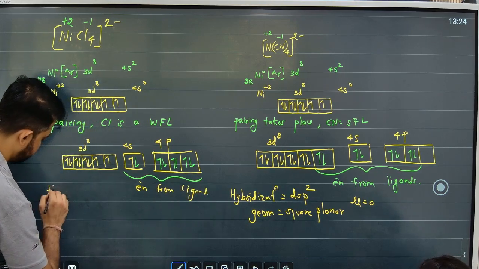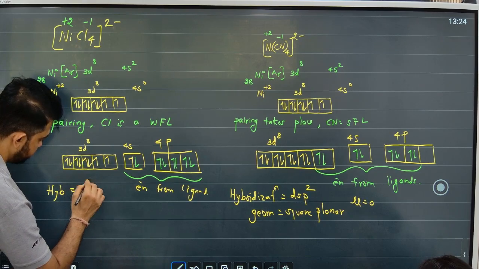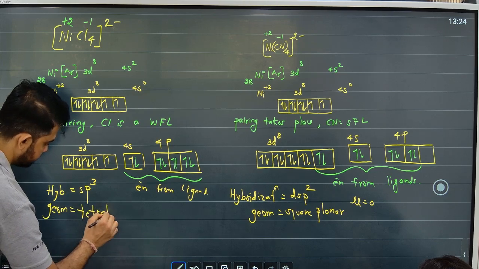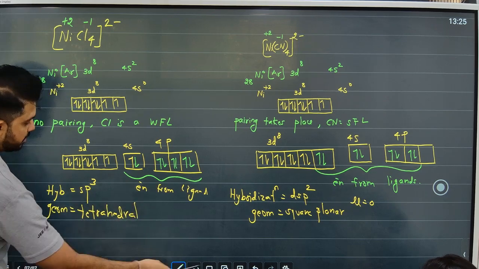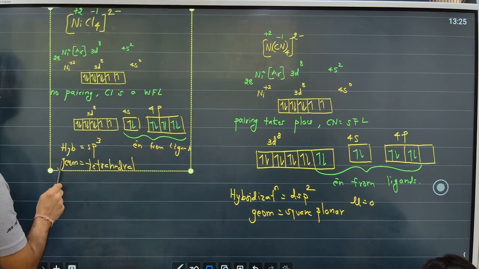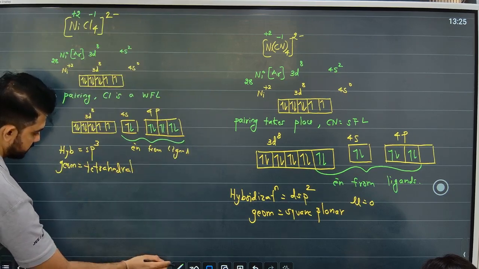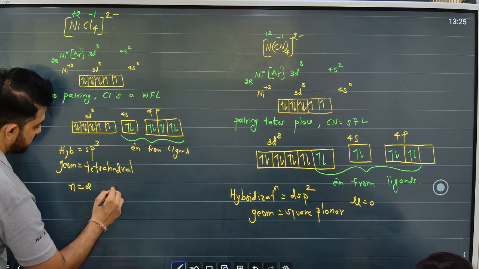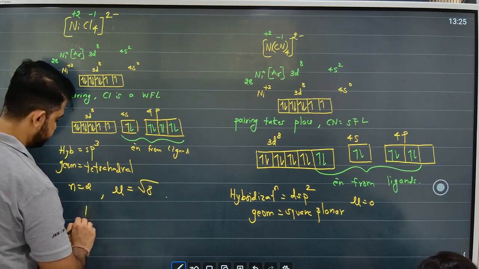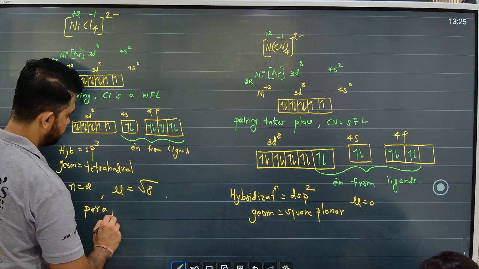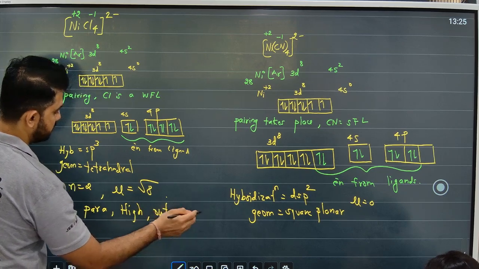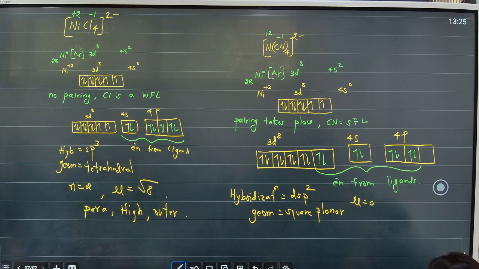Hybridization, geometry, number of unpaired electrons, magnetic moment, diamagnetic or paramagnetic, high spin low spin, inner outer. That is tetrahedral complexes.